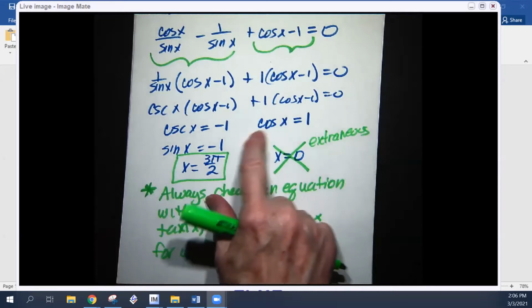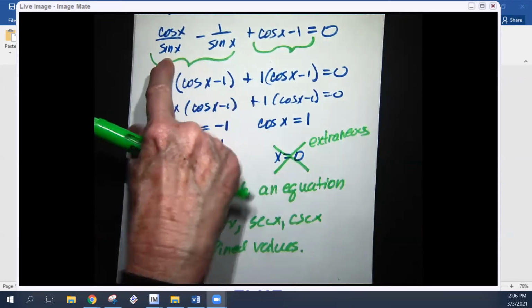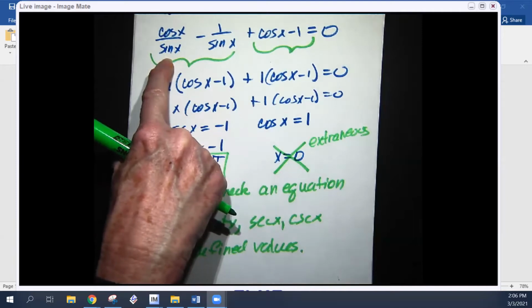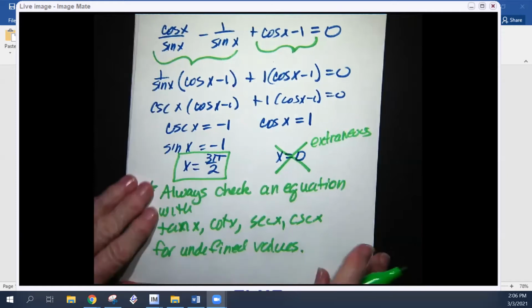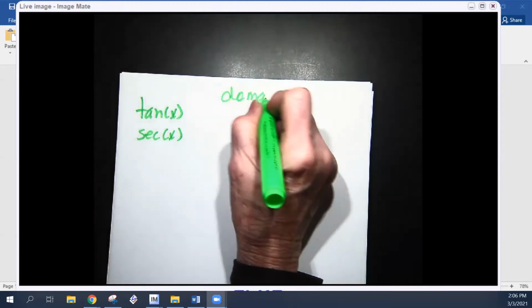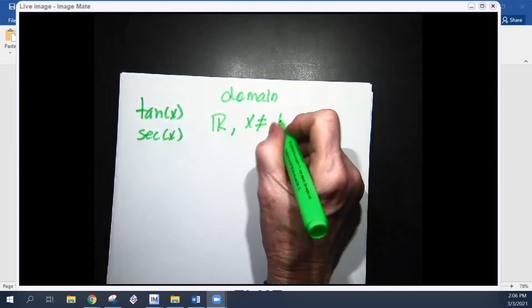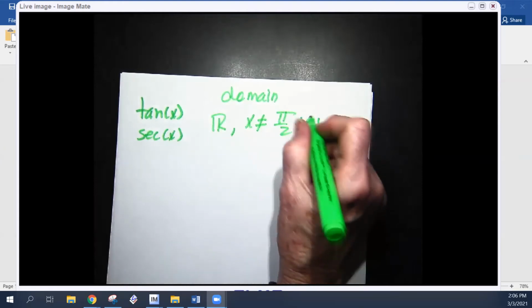And think about that. If cosine is 1, sine is 0. If I have sine in the denominator, it cannot have a value of 0. So just to remind you, if you have tangent x or secant of x, the domain for that is all real, but x cannot equal pi half plus pi k.